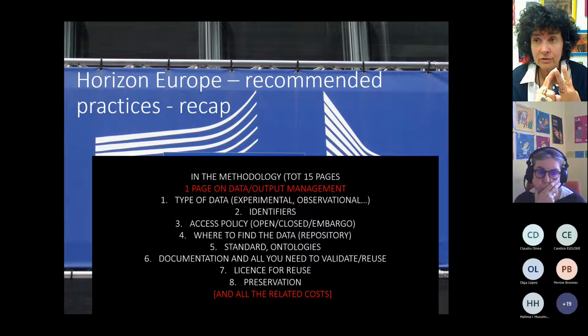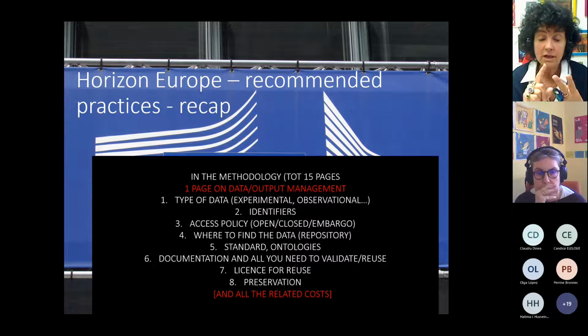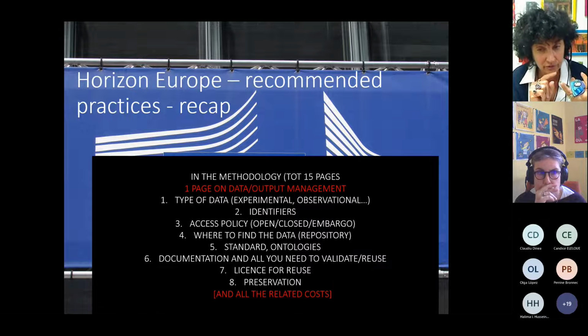It's a sort of outline of your data management plan. It's a schema, okay? It's not the data management plan, because it's just 1 page in which you have to put the type of data, the identifiers you are going to use, the access policy. So if you are going open or if you are going closed, and why, because you have to justify if you are going closed.